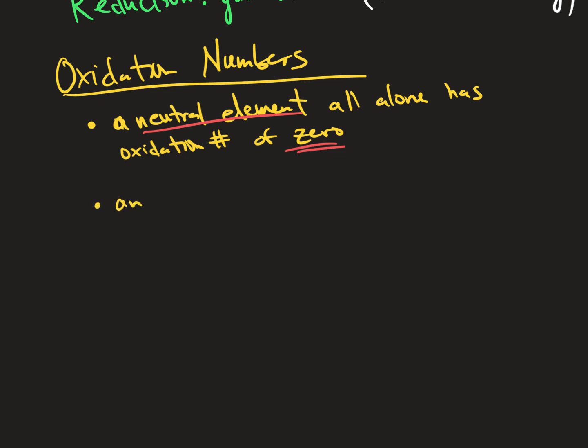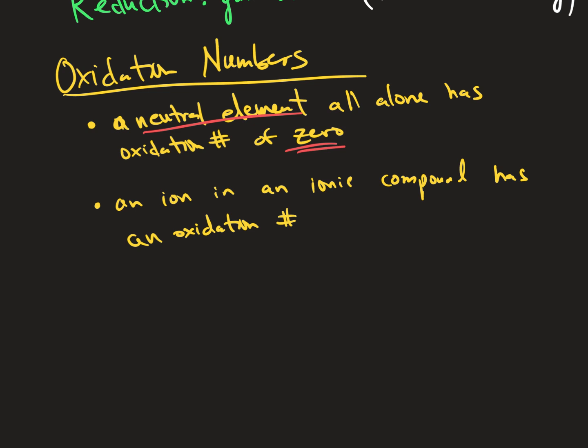An ion in an ionic compound has an oxidation number that is the charge of the ion.